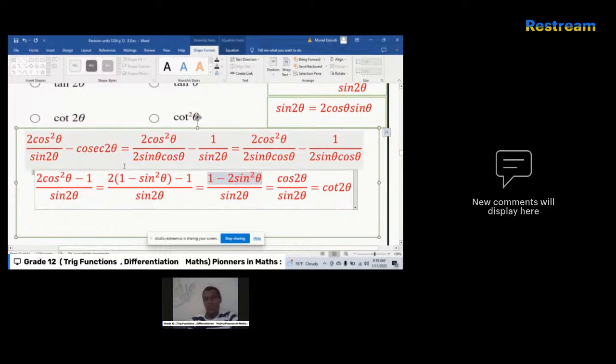Then 2 multiplied by 1 is 2, 2 minus 1 is 1, and 2 multiplied by minus sine square is minus 2 sine square. Therefore, 1 minus 2 sine square θ is the same as 2 cosine square θ minus 1, which is equal to cosine 2θ. So cosine 2θ divided by sine 2θ equals cotangent 2θ. That's why the correct answer is that.